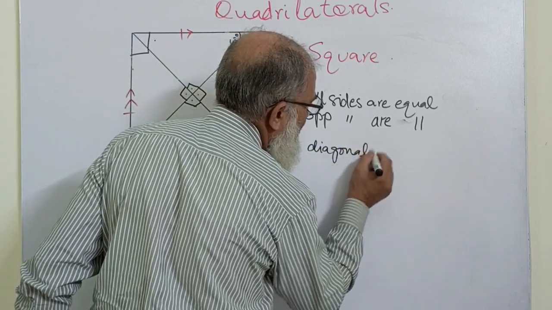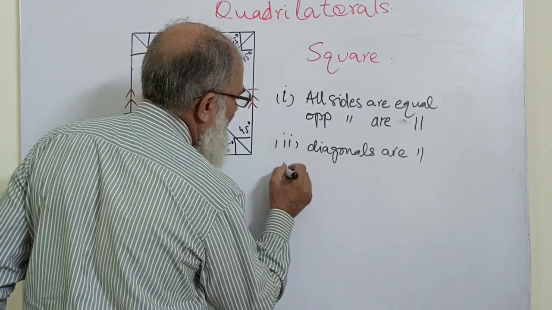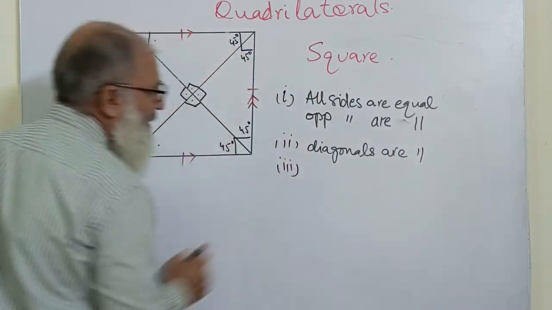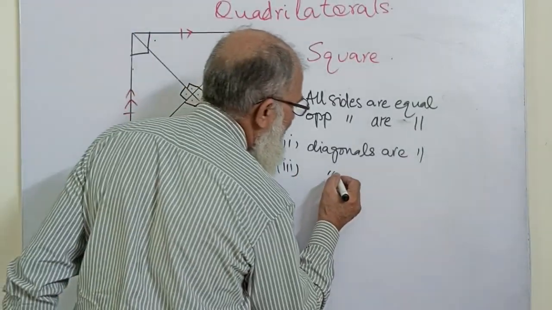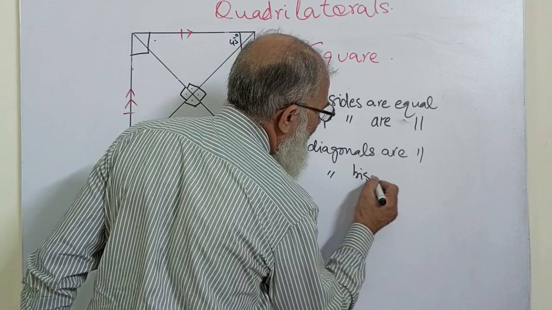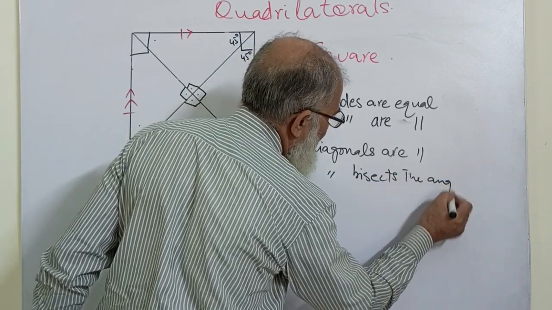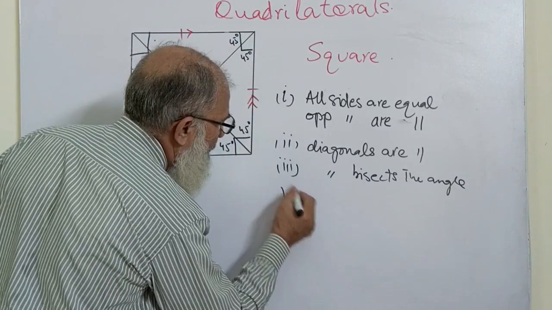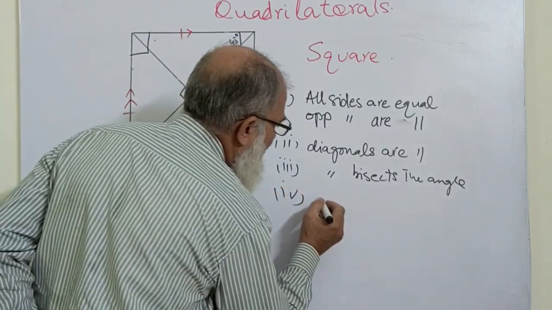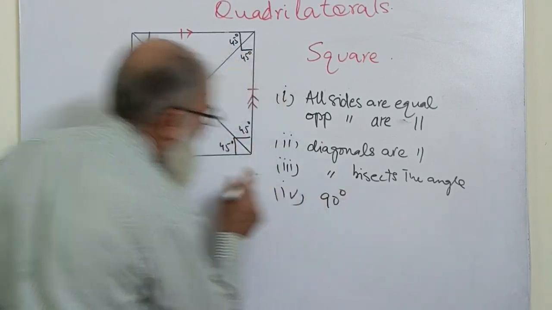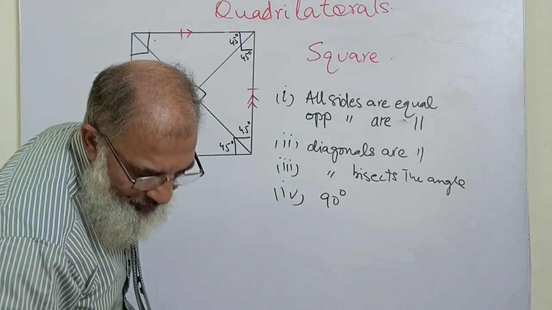Number 3, they bisect the angles. Diagonals bisect the angles. Number 4, each interior angle is 90°. Each interior angle is 90°.